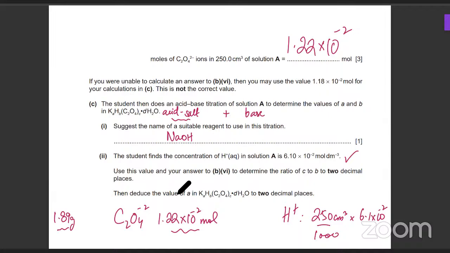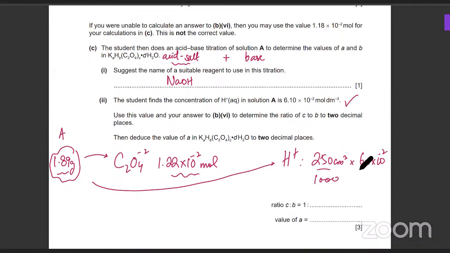So here's what I'm trying to do. Since it was the same solution A, which we prepared from 1.89 grams, we knew the moles of C2O4 ions based on the titration that we did. And we also know the concentration of H+1 in the same solution. Using that concentration, I'm multiplying it by the volume of the solution to figure out how many moles of H+1 I've got.